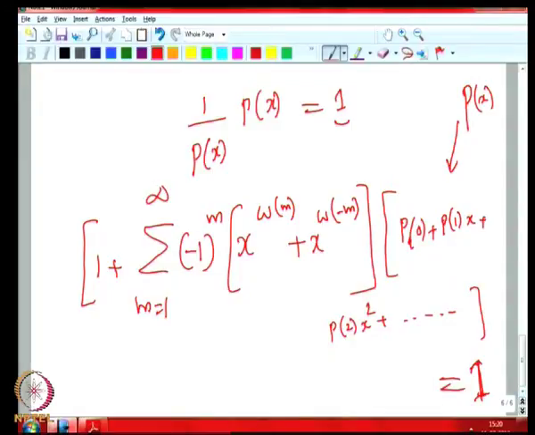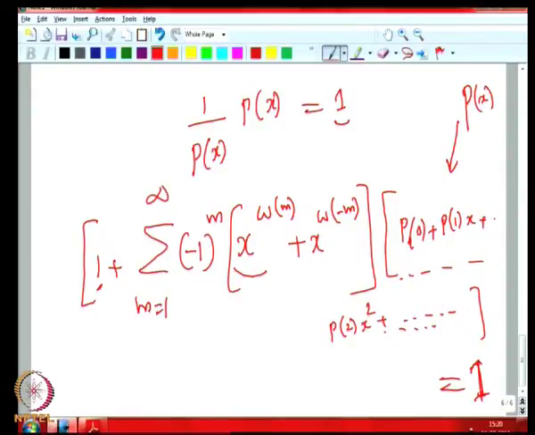If you do that, because this anyway is not contributing to the coefficient of x raised to n, there are two types of terms, for each m we have x raised to omega of m. So if you want to make an x raised to n, then we have to select from the other part, from this p of x, the x raised to n minus omega.